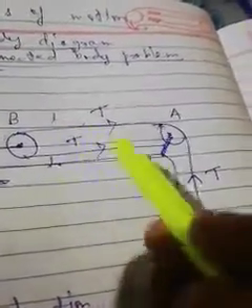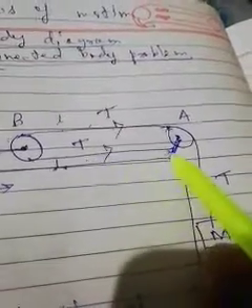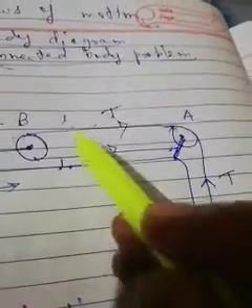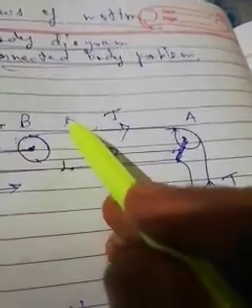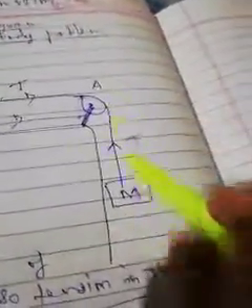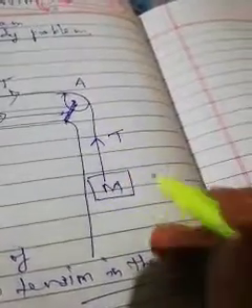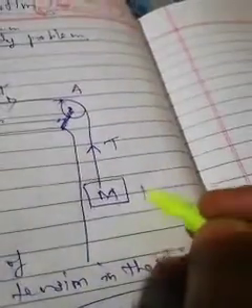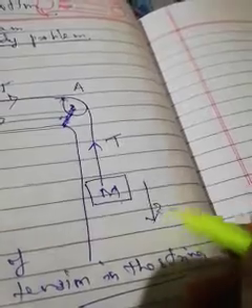So overall, because this is fixed here, an increase in length of 2L will appear in this string only, and this body will move by a distance 2L.